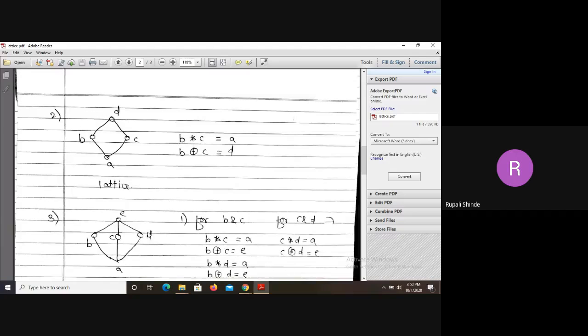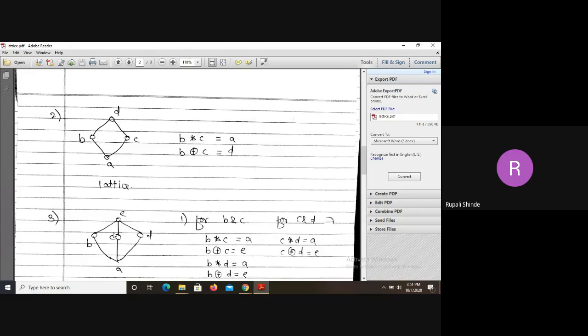Now check for the next diagram. आता कुठले कुठले पेअर कन्सिडर करावे लागतील? जे स्ट्रेट लाईन मध्ये आहेत, सपोज जर बी कॉमा ई घेतलं तर ह्याचा ग्रेटेस्ट लोअर बॉन्ड बी असणार आहे, लीस्ट अपर बॉन्ड ई असणार आहे. जर तुम्ही ई डी घेतली पेअर तर अगेन ग्रेटेस्ट लोअर बॉन्ड इज बी, लीस्ट अपर बॉन्ड इज ई.